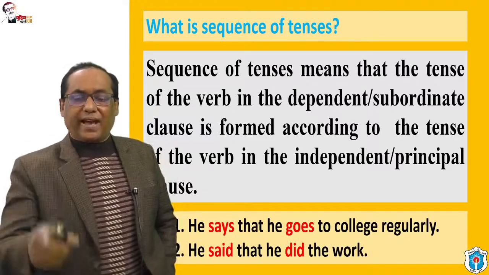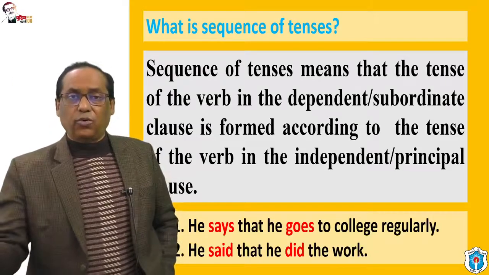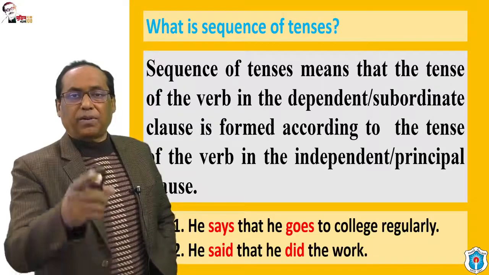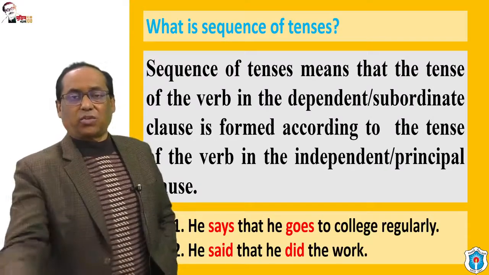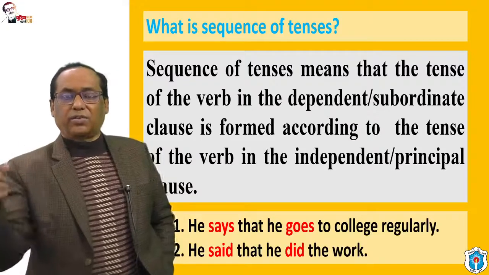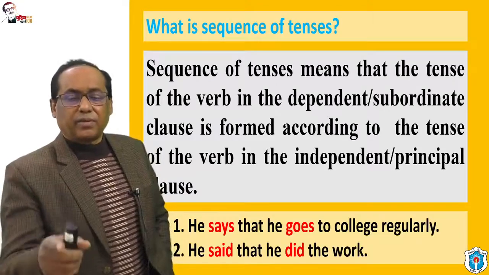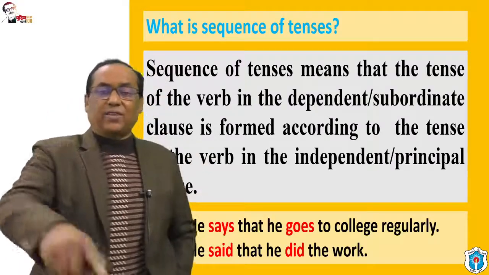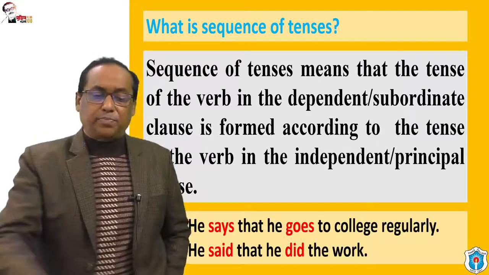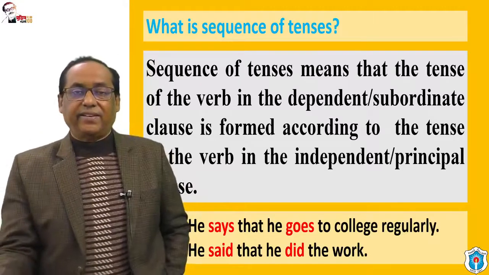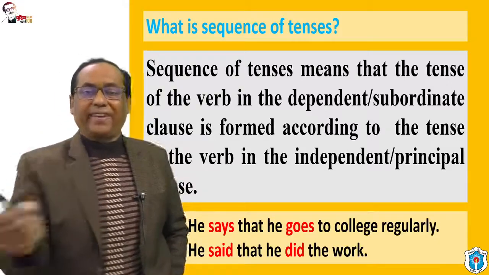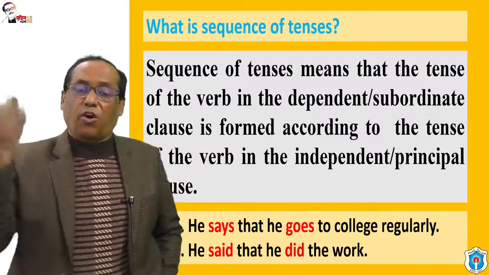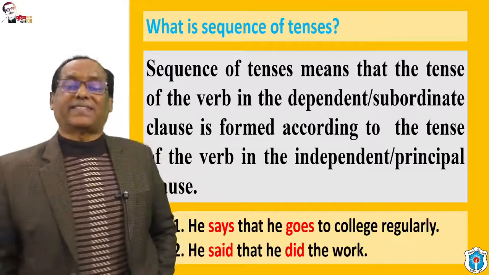So instead of does or will do, you have to use did, because the verb of the principal clause is in past tense. So the verb of the subordinate clause must take past tense. So between says and goes, as well as between said and did, there is a kind of agreement. So sequence of tenses is also called agreement of tenses.